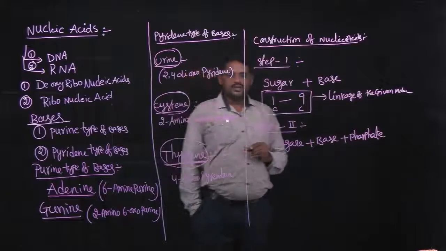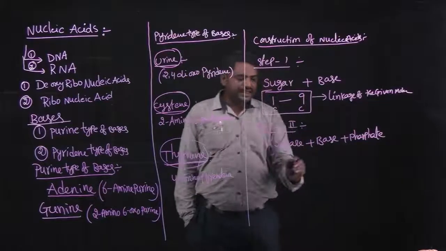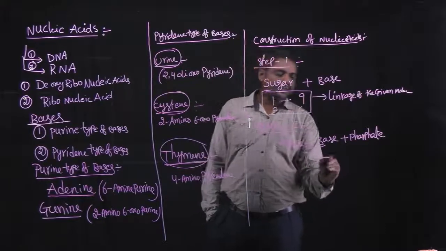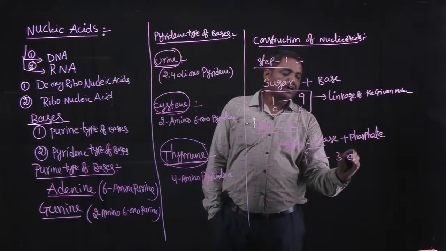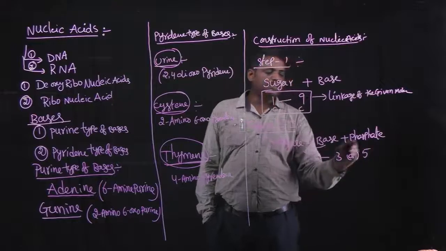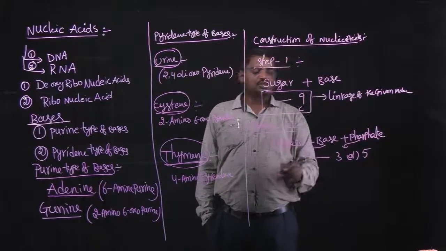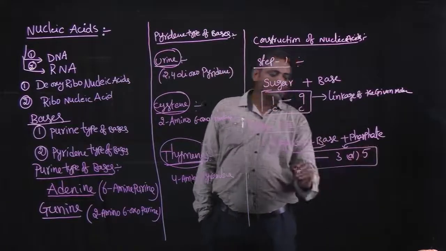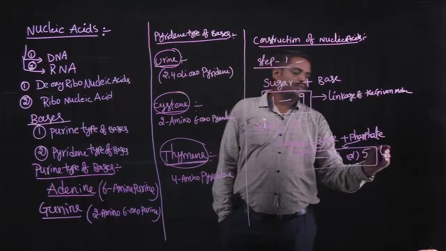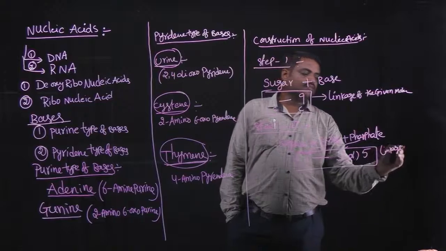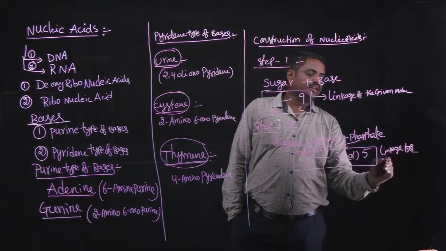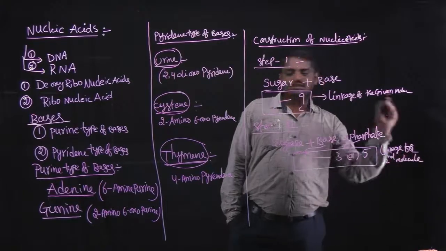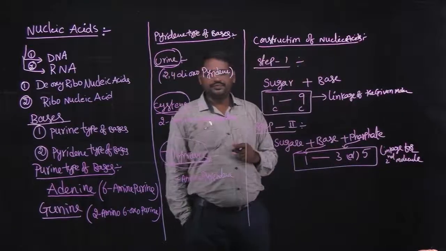The first carbon of the base binds with the 3rd or 5th carbon of the phosphate. This is the linkage of the second step molecule.